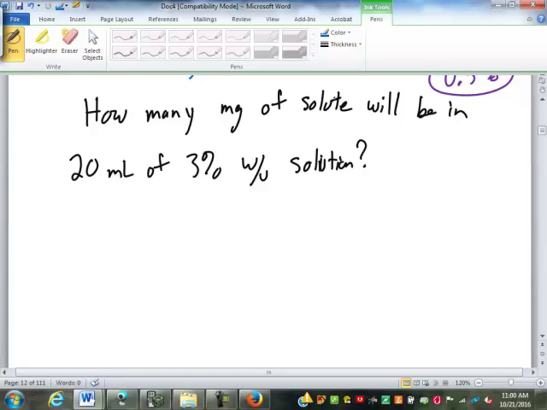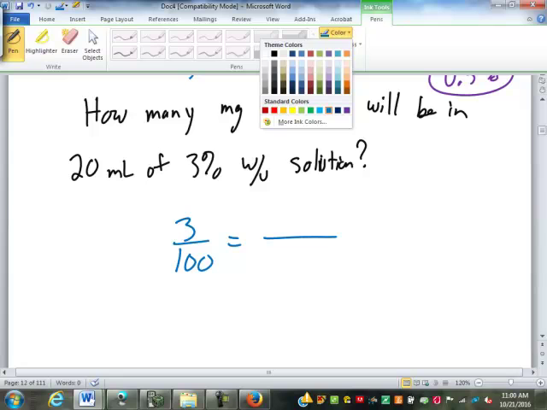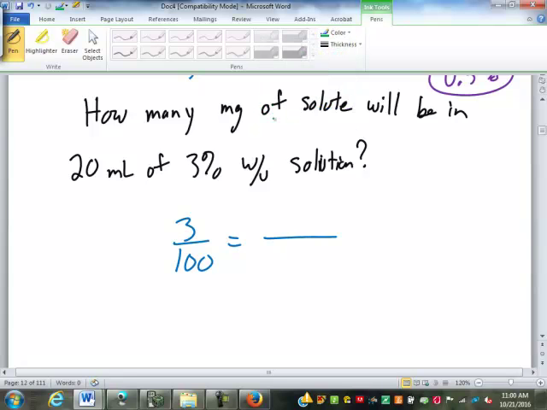Percent, again, we can either do it as a 0.03 or we can do it as 3 over 100. It really doesn't matter. I'm going to do it as 3 over 100. On the other side over here, I'm going to put in the 20 milliliters. Where will that go, top or bottom? Weight over volume. 20 milliliters is a volume. So the 20 milliliters must go on bottom.